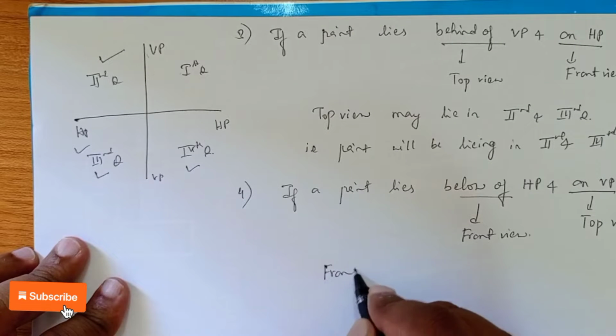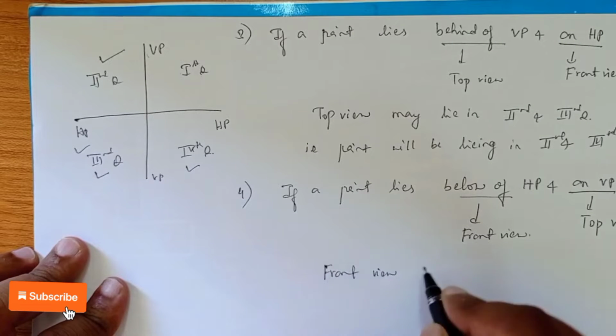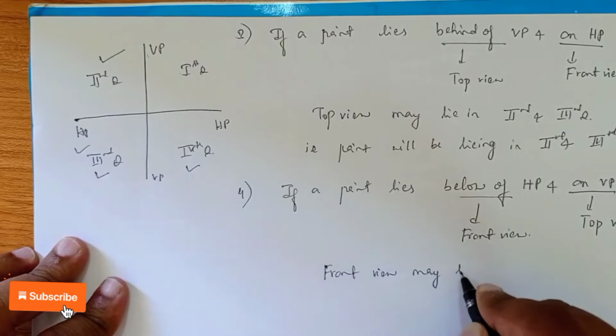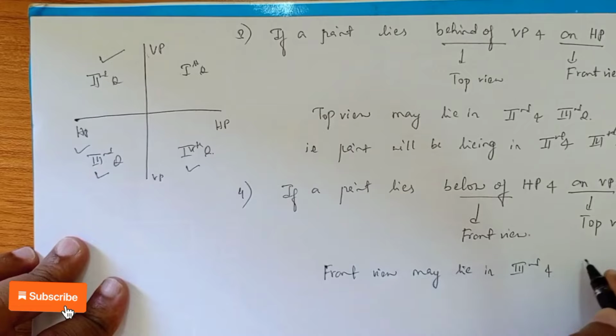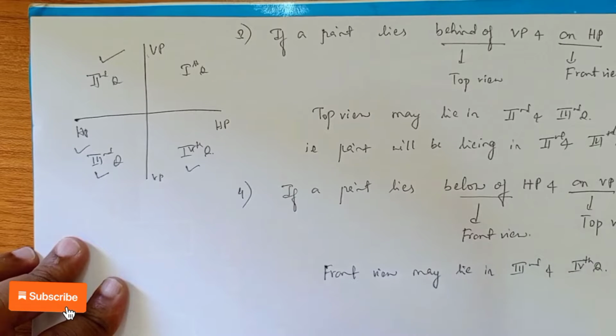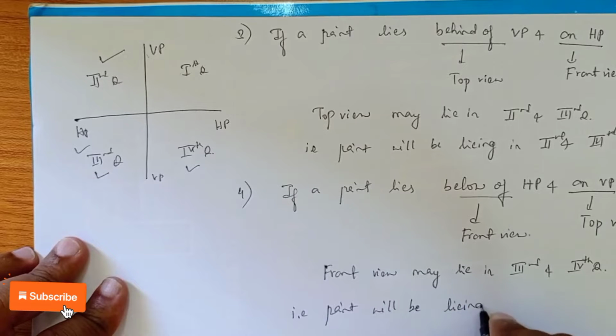So we can write front view may lie in third and fourth quadrant. That is, the point will be lying in third and fourth quadrant.